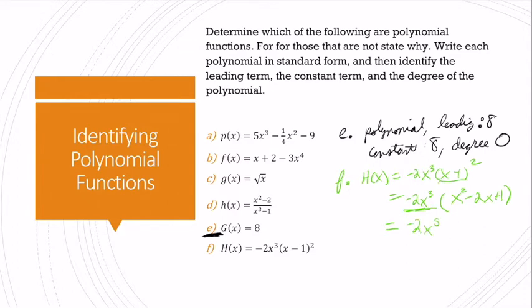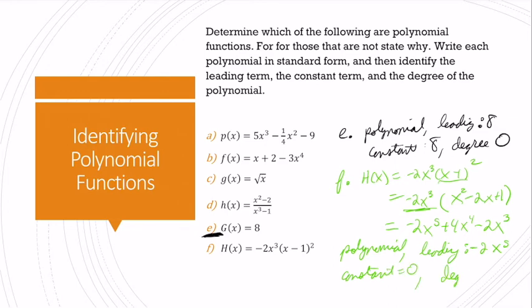That gives me -2x to the 5th plus 4x to the fourth minus 2x cubed. So now I can say this is definitely a polynomial whose leading term is negative 2x to the fifth. Its constant is 0 because there is no direct constant, and its degree is 5.